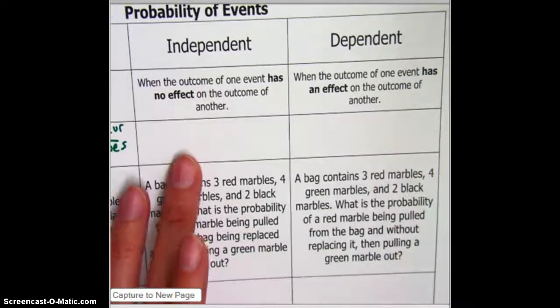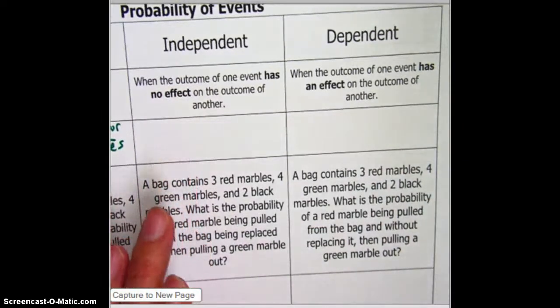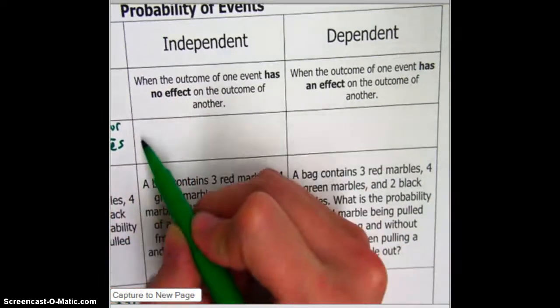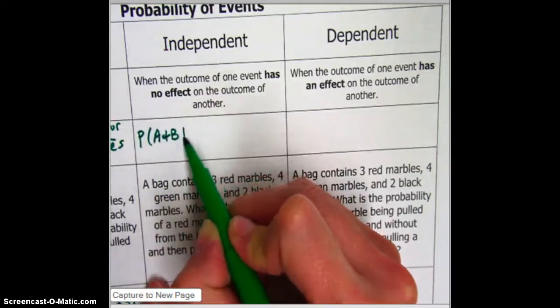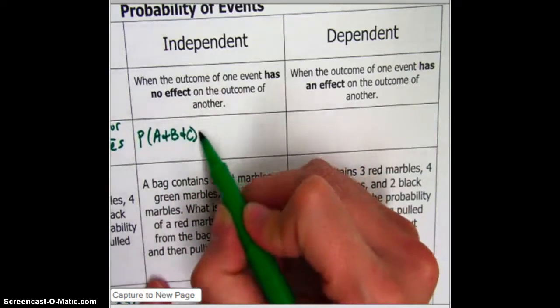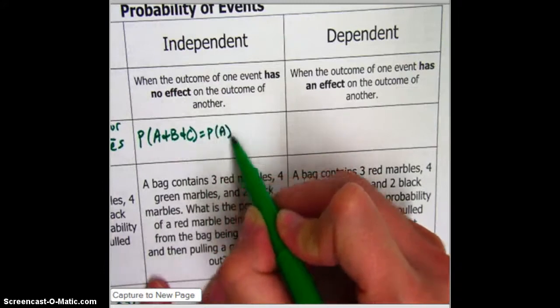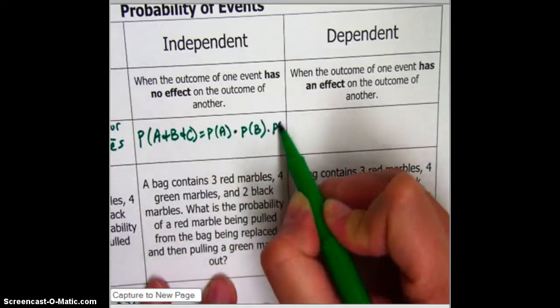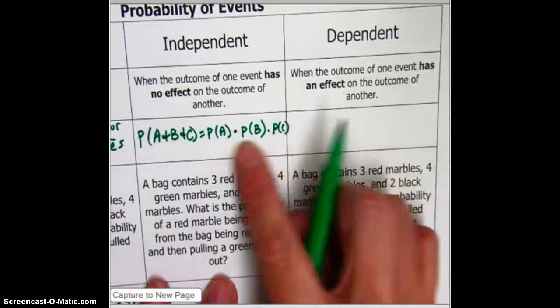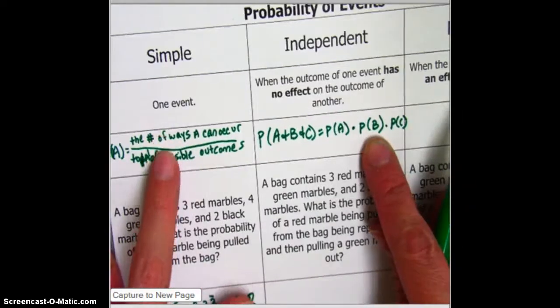So the formula for independent, again, just straight off of my notes: the probability of A and B and C is equal to the probability of A times the probability of B times the probability of C. And these will all be fractions, because these are the fractions right here.